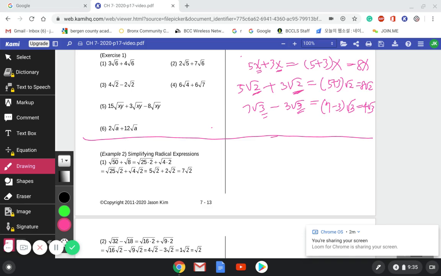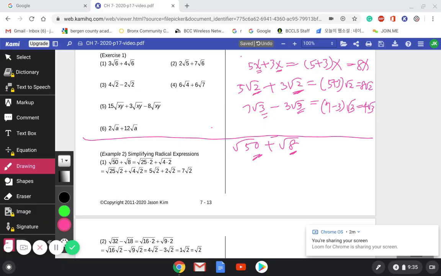So when you have square root of 50 plus square root of 8, the 50 and 8 don't look like they are like terms. But when you simplify them, the way you simplify a radical is to separate each term with a perfect square number or a factor that is a perfect square.